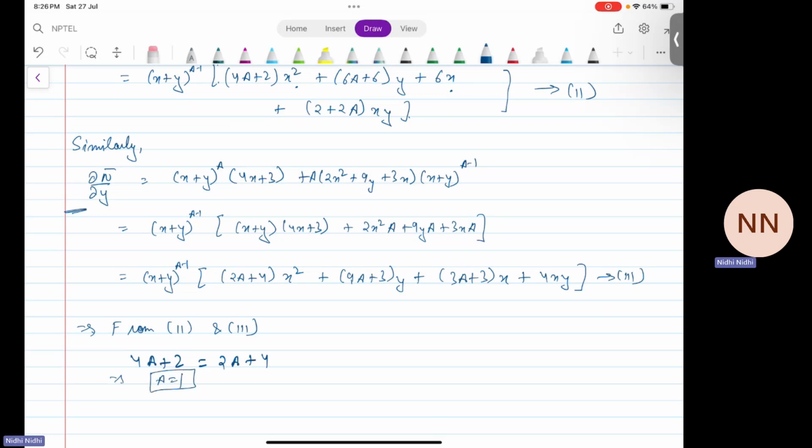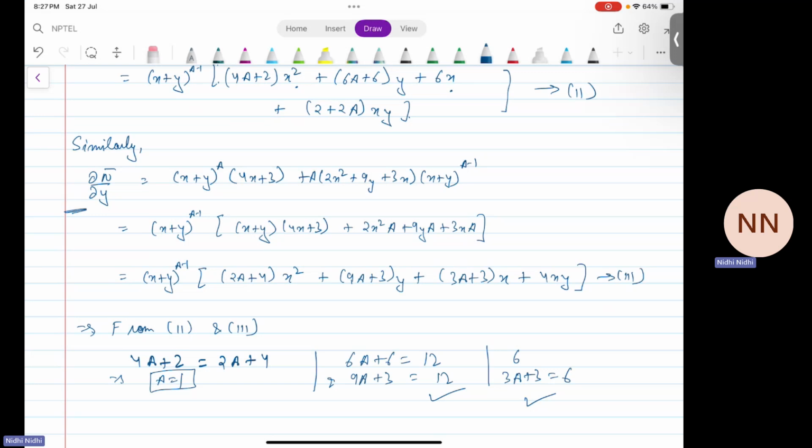Now let's see whether a equals 1 is satisfying the rest of the coefficients as well. So 6a plus 6 is 12 and 9a plus 3 is again 12. So we are done with the coefficient of y. Now let's see the coefficient of x. One side we have 6 and the other side we have 3a plus 3, which is again 6.